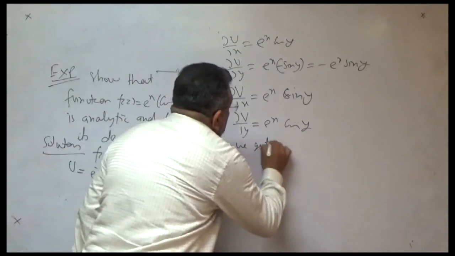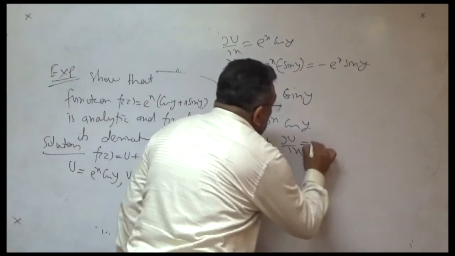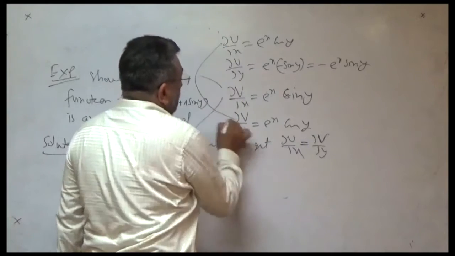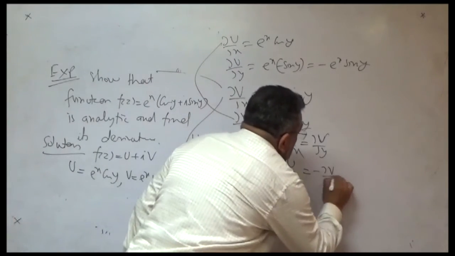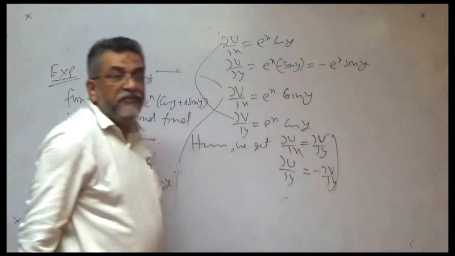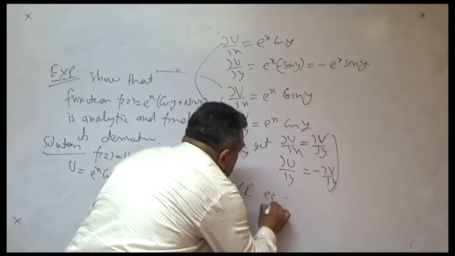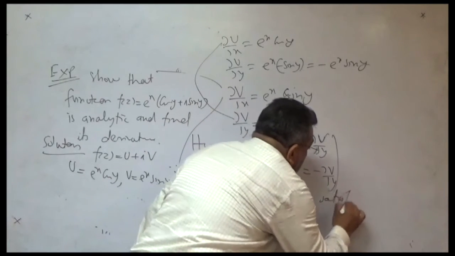So here we get del u by del x equal to del v by del y, these two, and del u by del y equal to minus del v by del x. That means CR equations are satisfied.